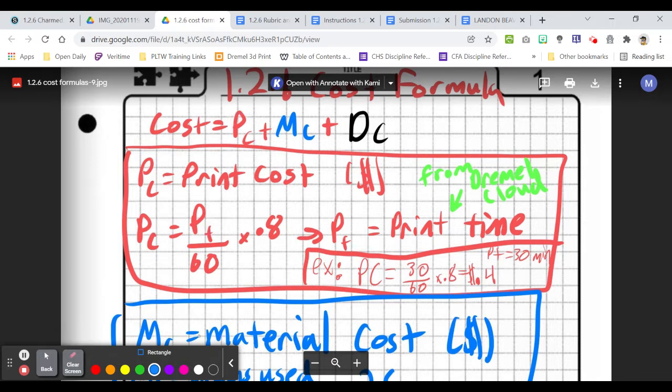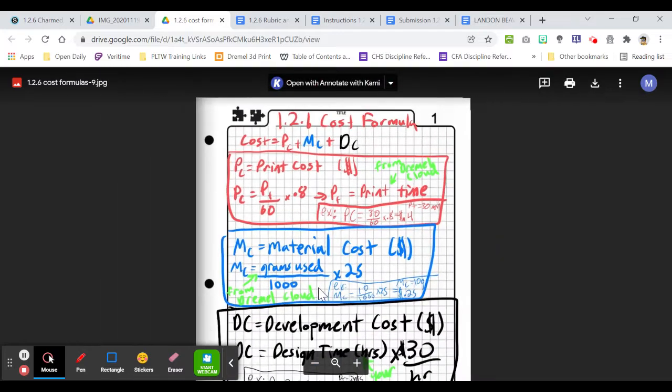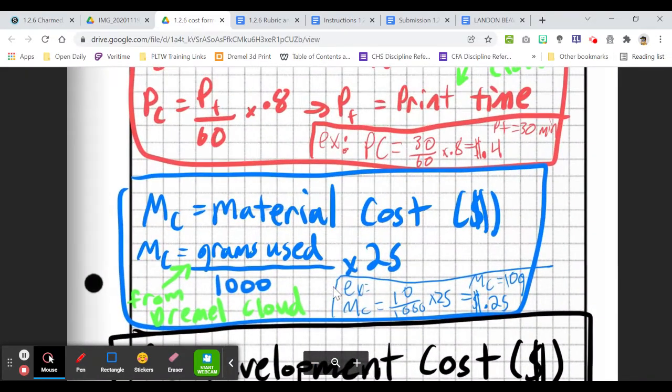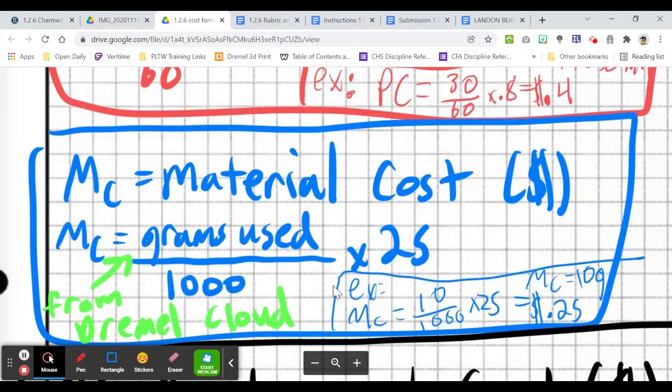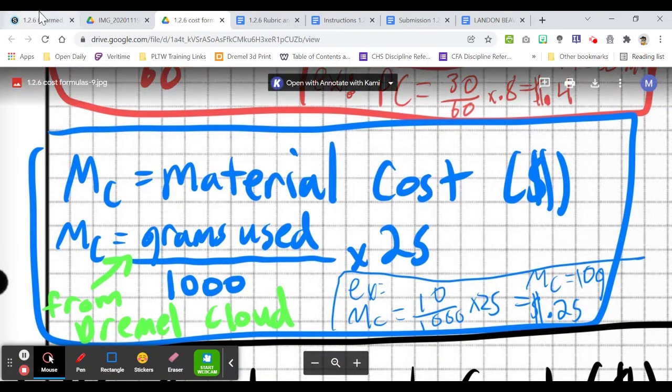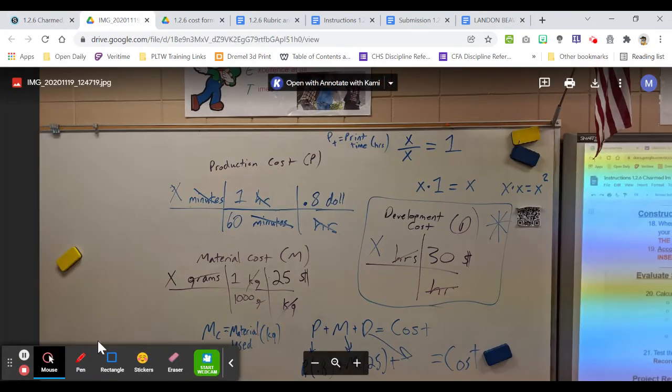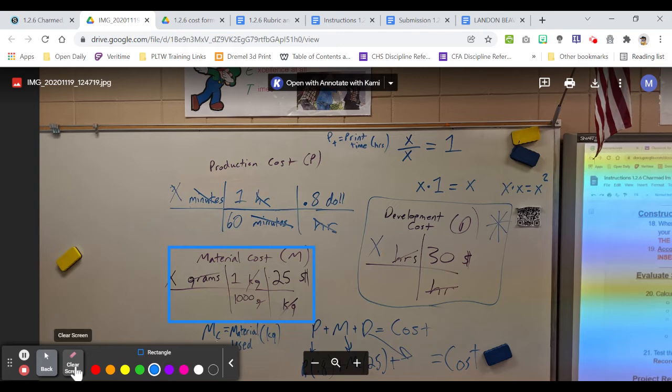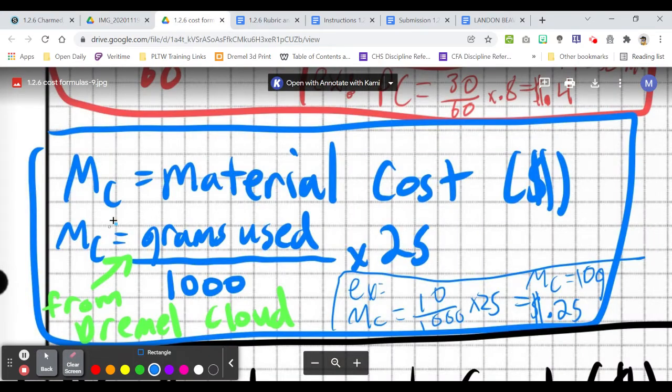The next number that you need is the material cost. This is the cost of the filament used. We can use the same breakdown if you want to look at it over here. The amount of grams that you've used, your conversion factor is 1,000 grams per kilogram at $25 per kilogram. But the final formula is once again using the Dremel print cloud, the grams of material used.